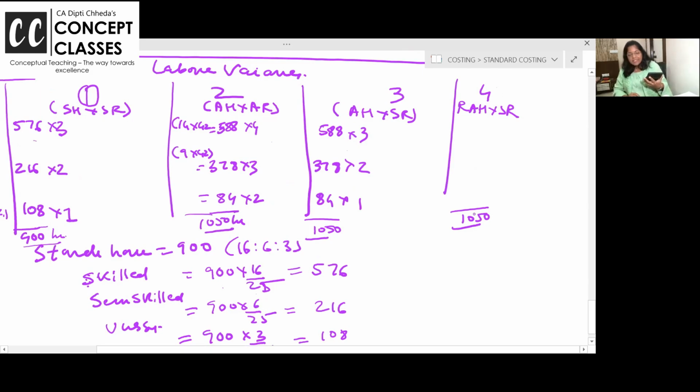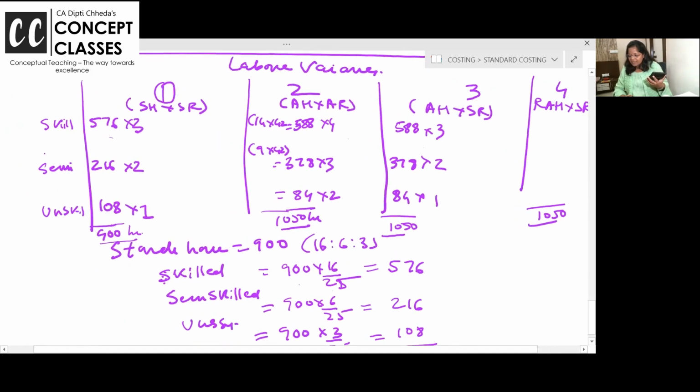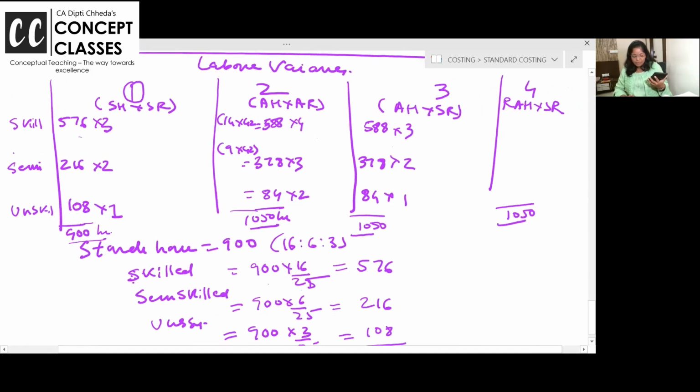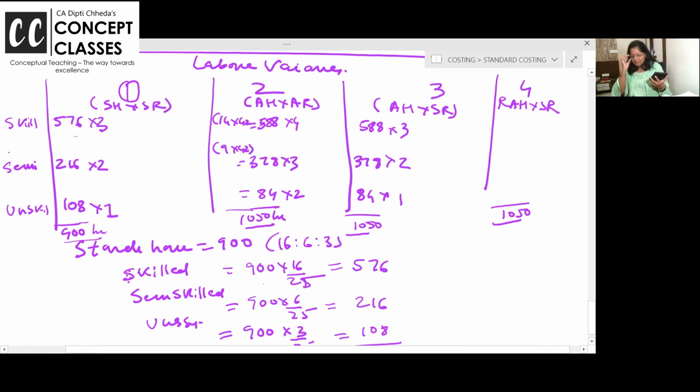Yes. Instead of 900 hours, actual hours is 1050. Okay, done. I'm going very slow. Dialogue to dialogue, a little more, please focus, you will get it. Instead of 900 hours, 1050 actual hours.